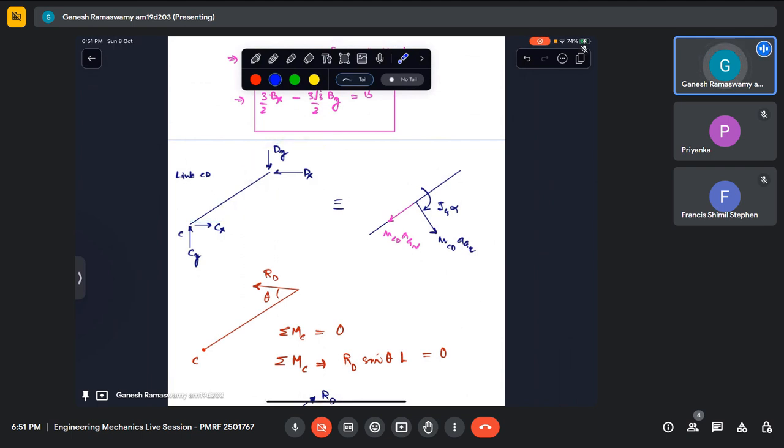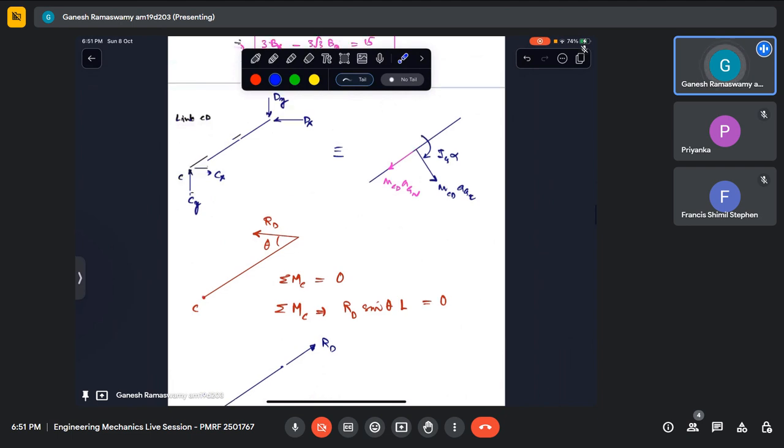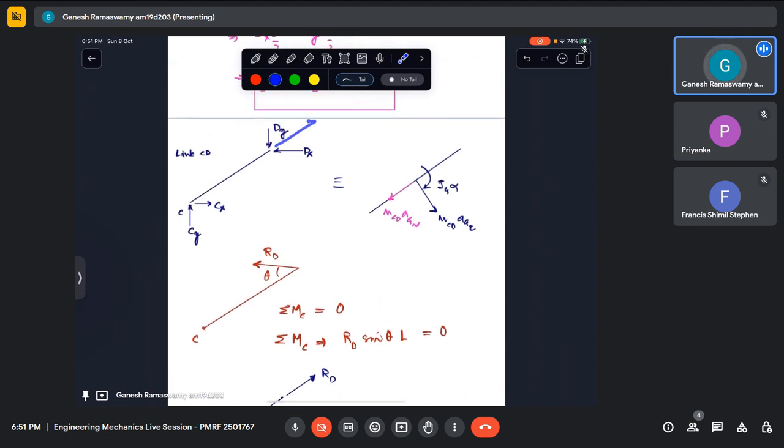What I meant is, when we have components, if we compose them into one force, we can show that it can at best be only along its axis. So there is essentially only one unknown here, that is the magnitude of R_D. Because once the magnitude of R_D either that way or that way is known, I know these two components. These are mutually dependent because of this angle being 30.